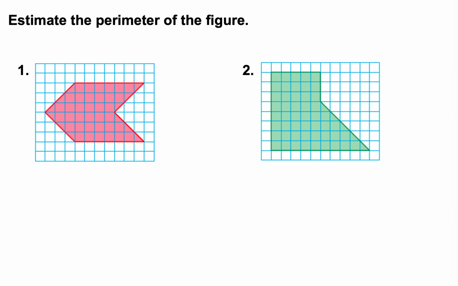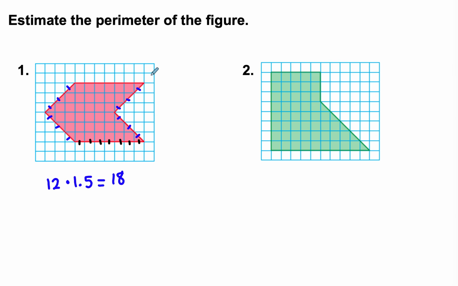Okay, so let's go ahead and check our answers. I'm going to start with my diagonals. 1, 2, 3, 4, 5, 6, 7, 8, 9, 10, 11, 12. I have 12 diagonals. Each one is worth 1.5. So that's going to be 18 altogether. Now I'm going to count my straight sides. 1, 2, 3, 4, 5, 6, 7.